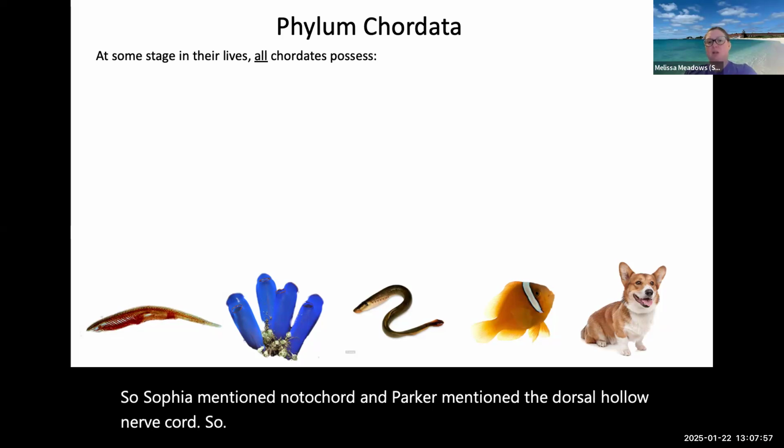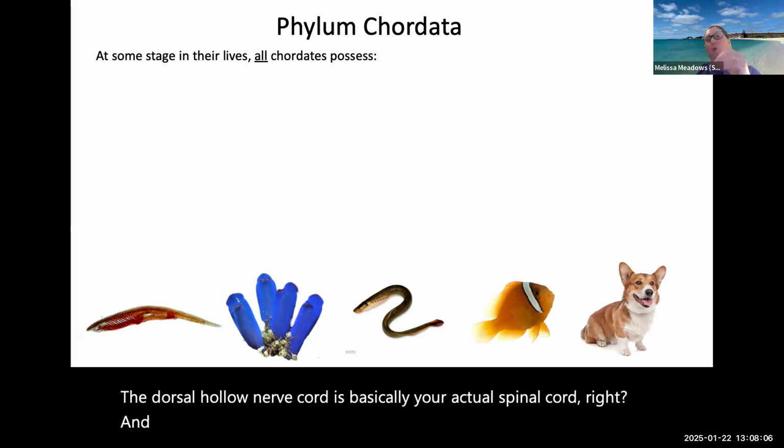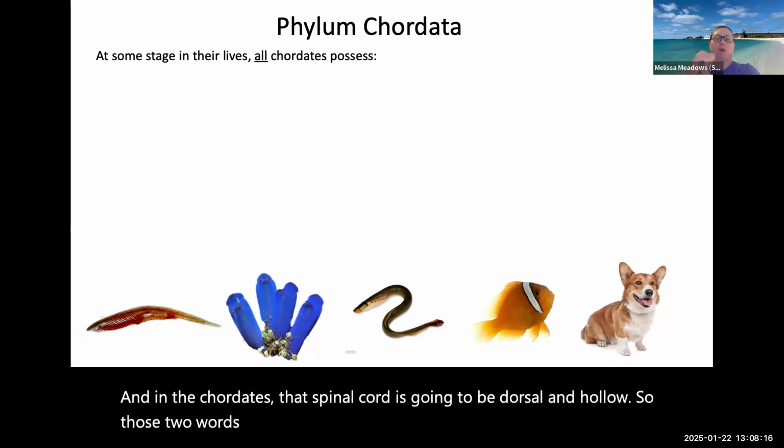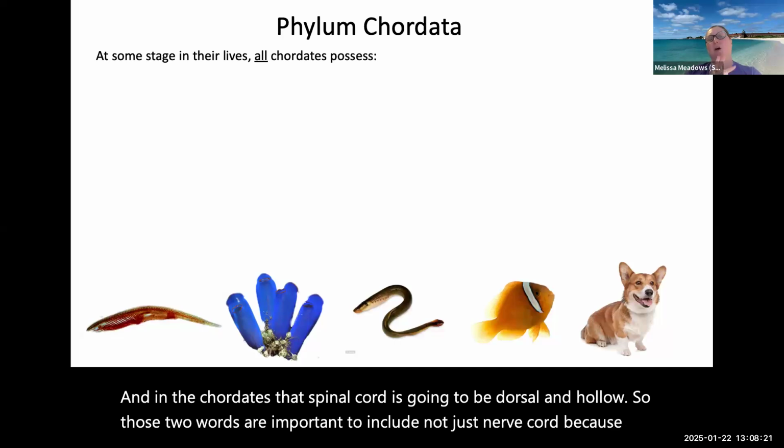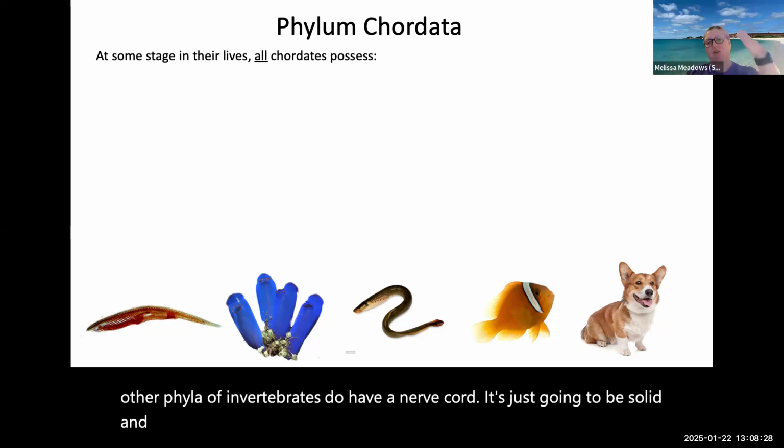The dorsal hollow nerve cord is basically your actual spinal cord, right? And in the chordates, that spinal cord is going to be dorsal and hollow. So those two words are important to include, not just nerve cord, because other phyla of invertebrates do have a nerve cord. It's just going to be solid and or ventral instead of dorsal. So dorsal hollow nerve cord.